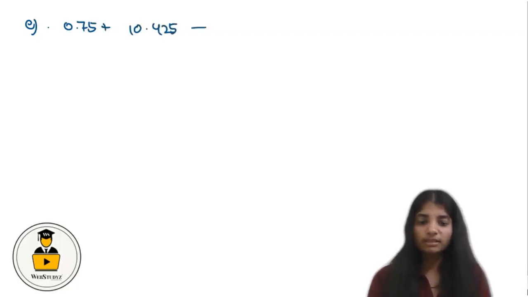Now part E is 0.75 plus 10.425 plus 2. We have to add this. Whenever we have to add terms which are in decimal, start with the term which is largest, because this will make your calculation simpler. So this is 10.425.